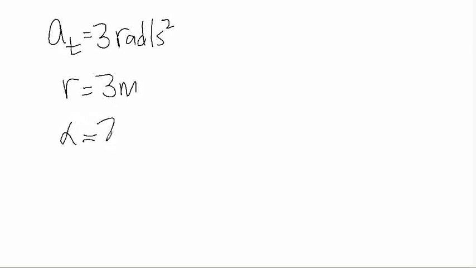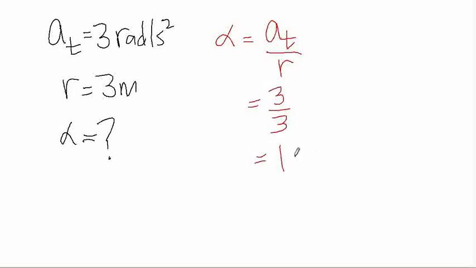All right, pause the video and see if you can calculate the angular acceleration. All right, I'll go ahead and do that now. So using the equations that I recently listed, you can see that alpha is a sub t divided by r, which gives 3 divided by 3, so the answer is 1 radian per second squared.